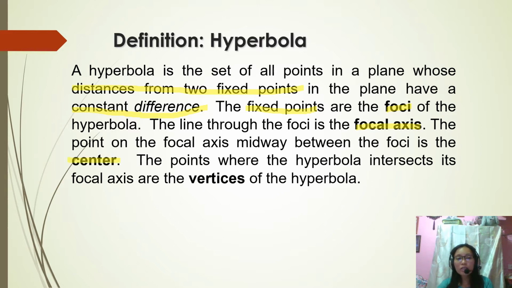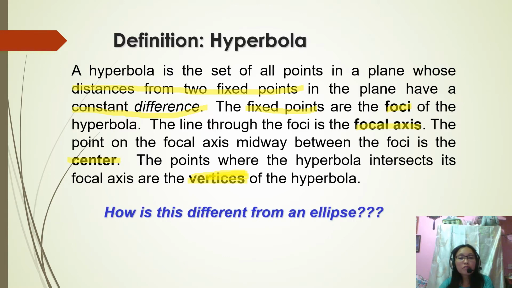So ginatawag siya center, and we also have the intersection of the focal axis and the hyperbola. So asa mag-meet, magtagbo, mag-touch ang hyperbola o ang focal axis. Meaning to say, vertices were already formed.